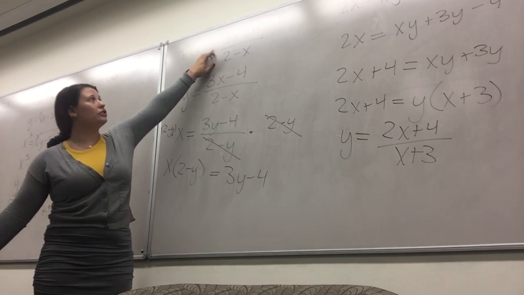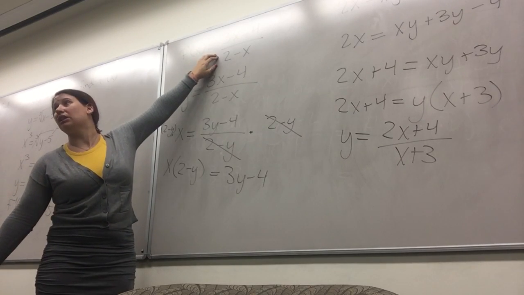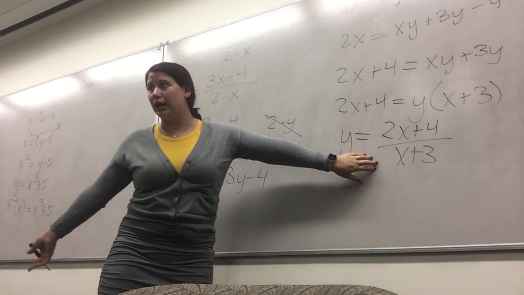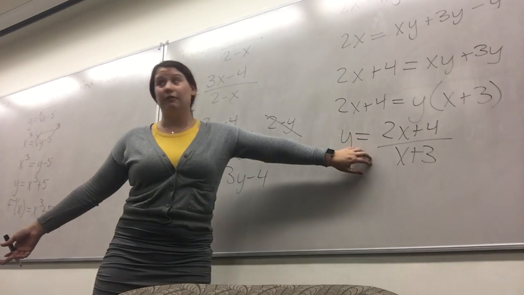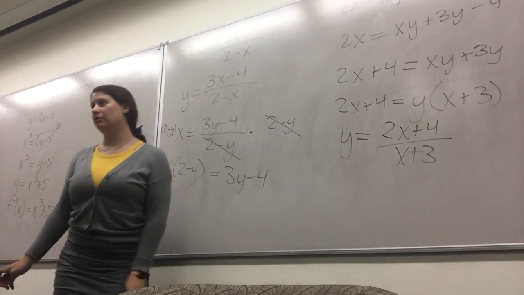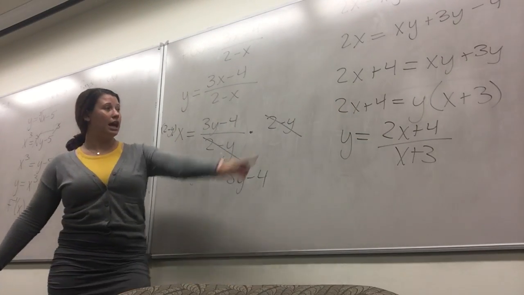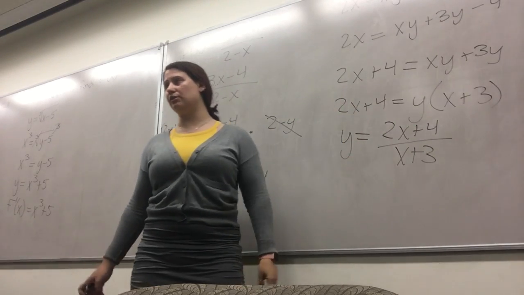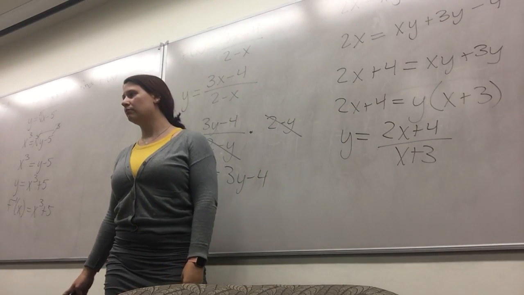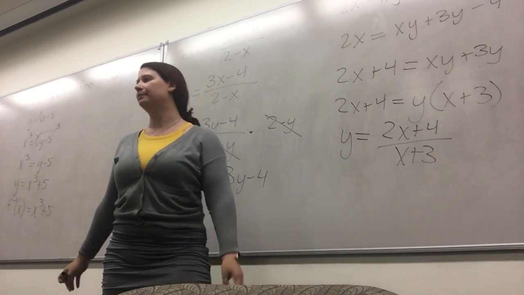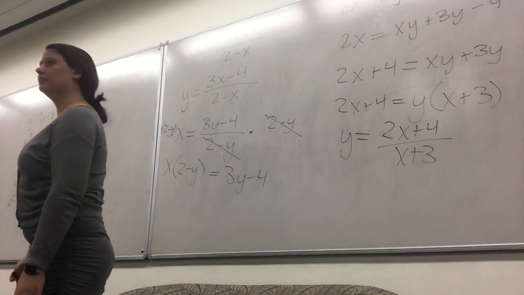If your original function looked something like this, most likely, almost always, your inverse function is going to have the same kind of look to it. Okay, what happened in the end? I divided and just wrote it the opposite direction, just because we always see it as y equals instead of stuff equals y. Okay?